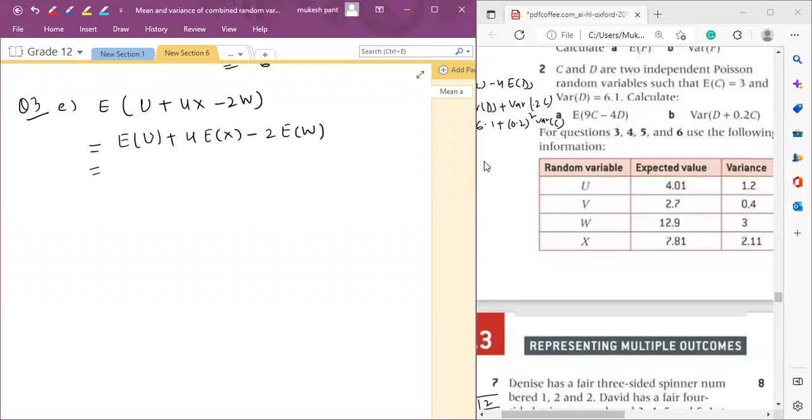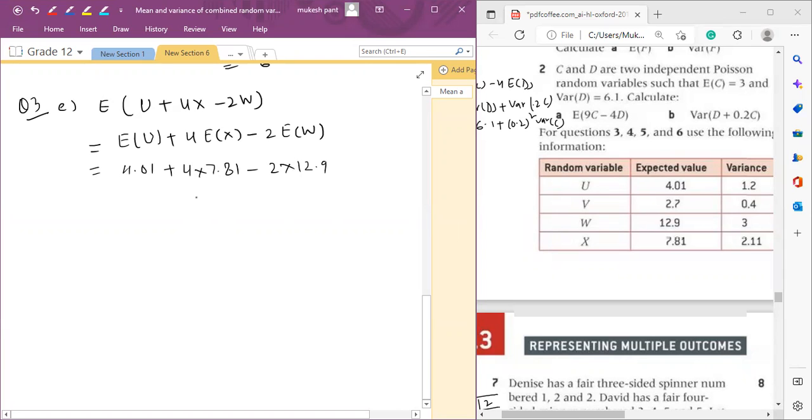Expected value of U is 4.01, 4 times the expected value of X is 7.81, and minus 2 times the expected value of W is 12.9. So we will calculate this with the help of a calculator, and then we will write the final answer.